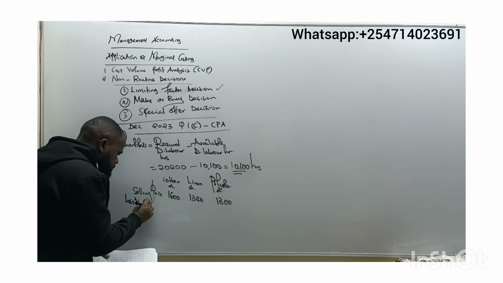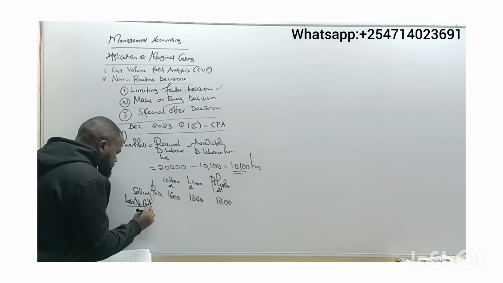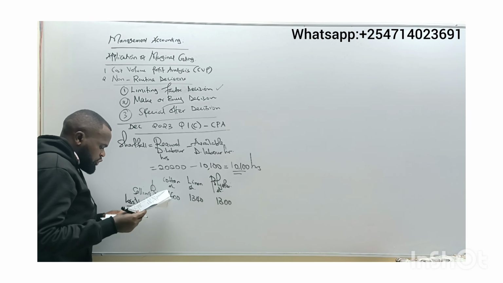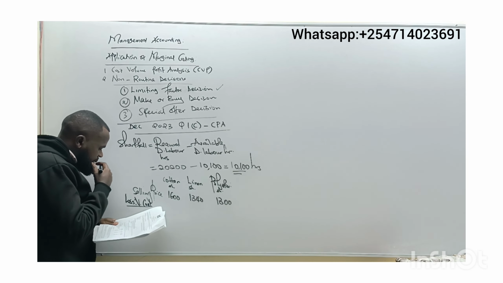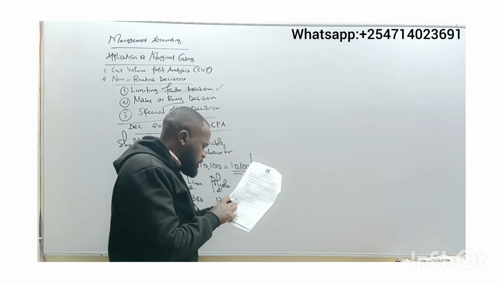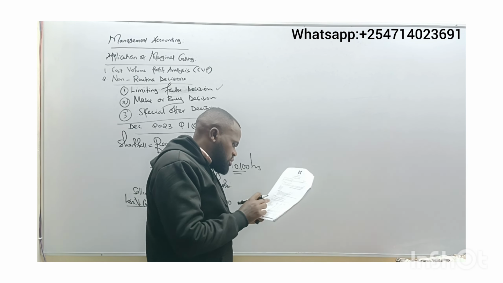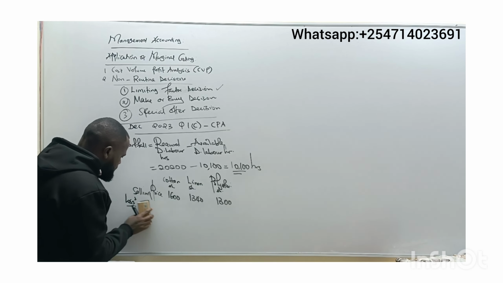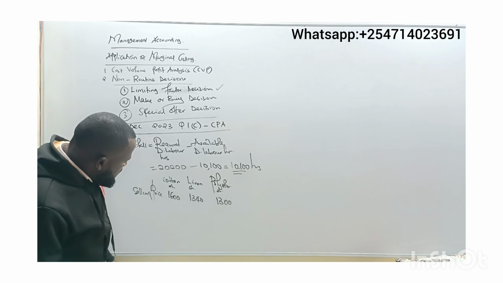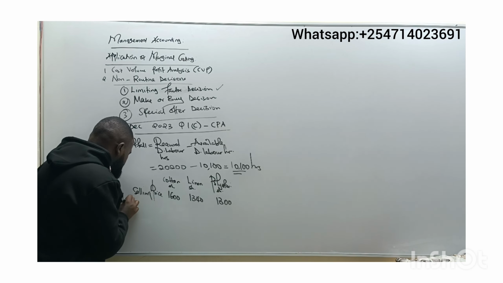Variable costs, one of which is direct labor. I'll combine the variable costs: direct labor plus variable production overheads. So instead of going the long way, let me have less the variable cost per unit.